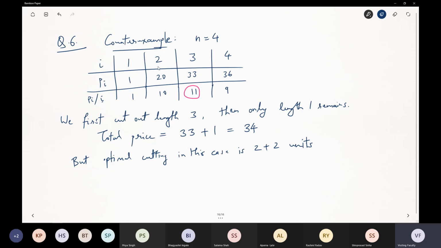Because for length 2, the price is 20, which gives a total price of 20 plus 20 equal to 40. So that's the counter example. If you look at densities and pick greedily, this will not give you the maximum or the optimal possible price. So that is it about this.